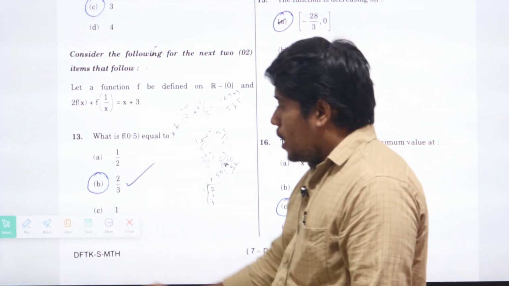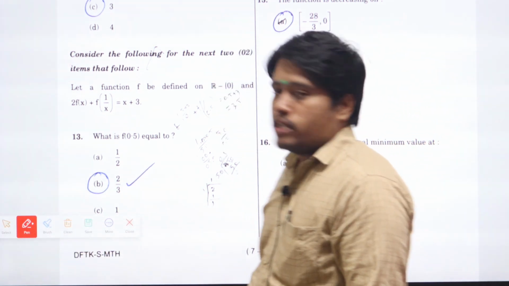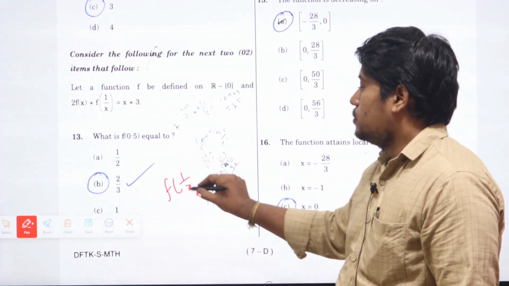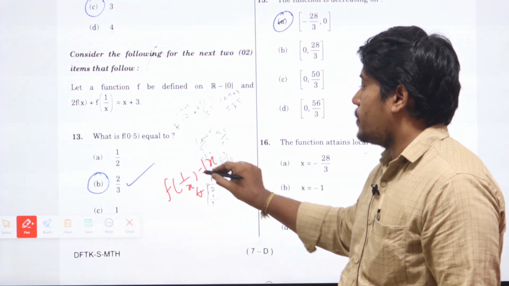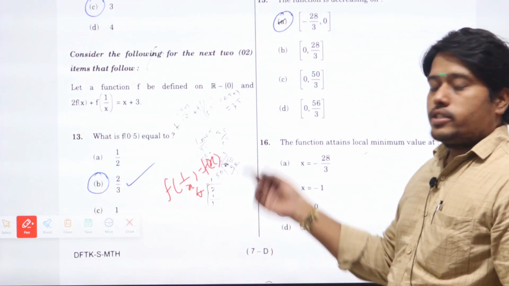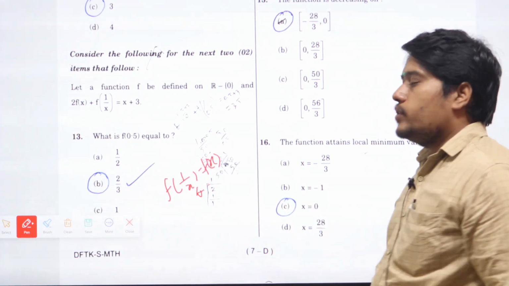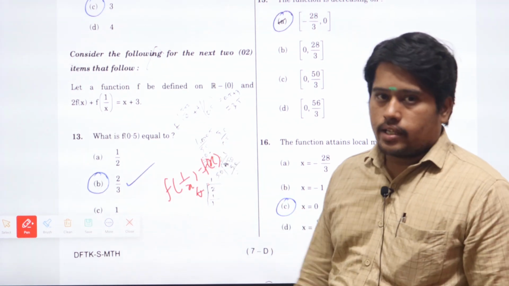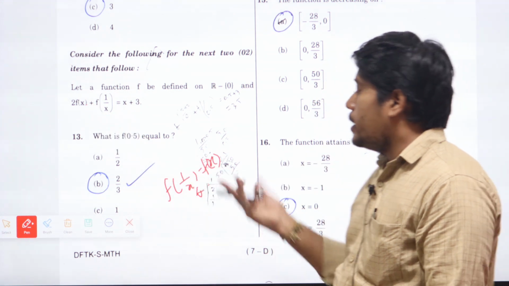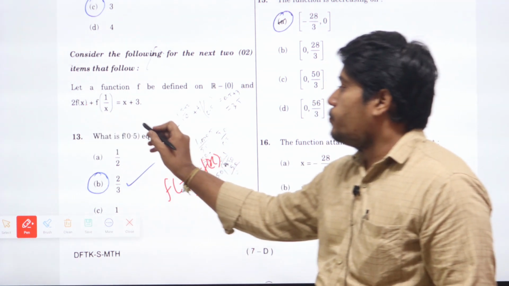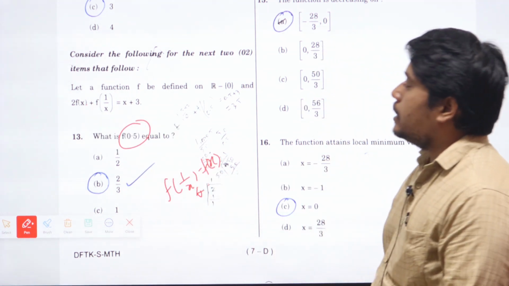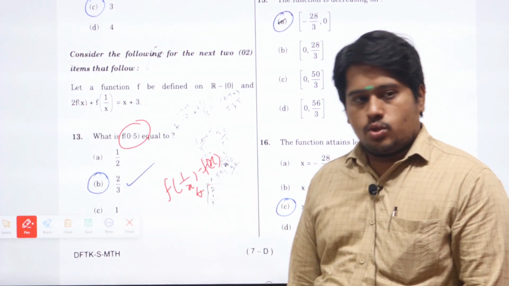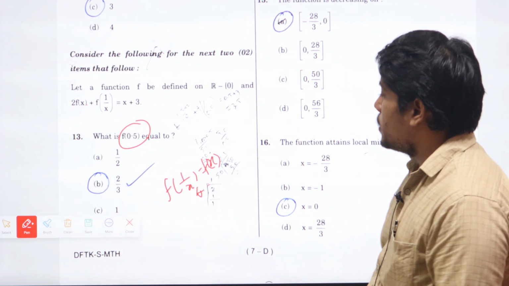First we have to use the elimination method, so f of 1 by x gets cancelled. First we have to find f of x, and then substitute to find f of 0.5. So we get the value 2 divided by 3. Option B is the right answer.